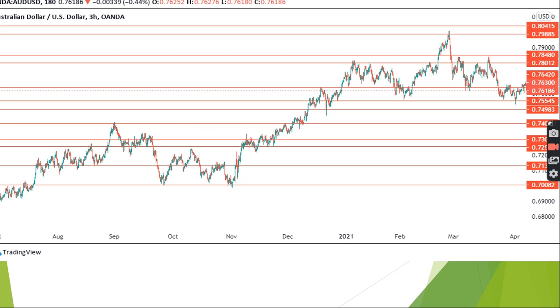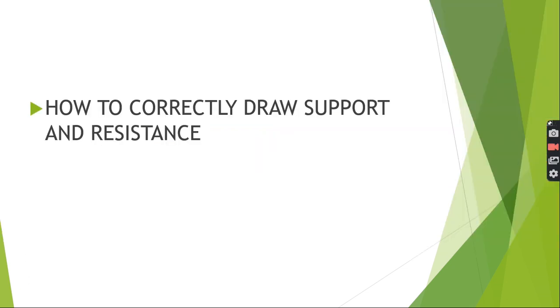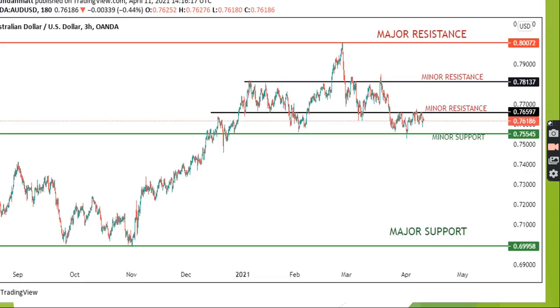However, what's the right way of drawing support and resistance? Let me show you how to draw them the correct way. If you look at this chart, I'm sure you can appreciate how neat it is. Clearly, you can tell which areas are areas of value in this chart.